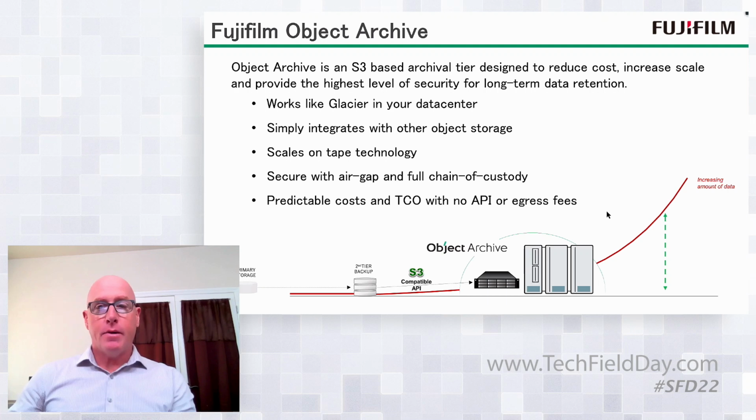It does a couple of other things to highlight here. It simply integrates into the other object storage environments, where we're seeing a lot of growth, where object storage has been used for an active archive tier. We're looking to help offset that data set in the object storage, pushing it out to a colder tier.